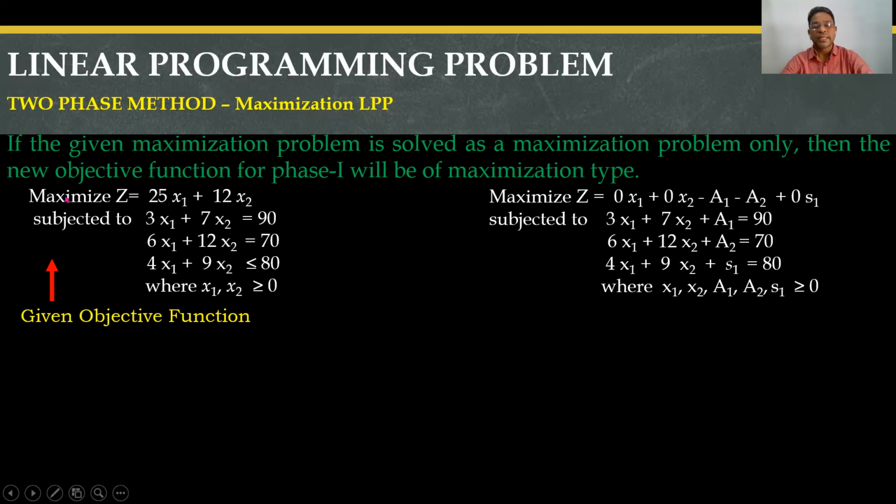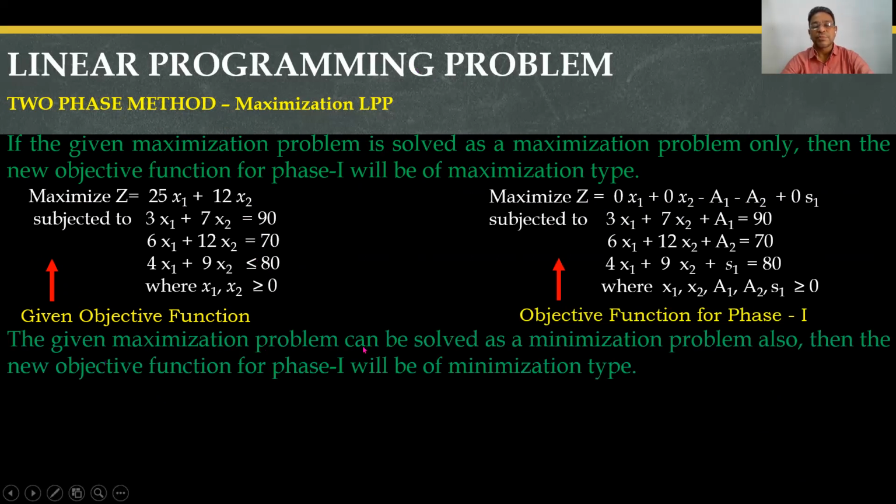When we solve this maximization problem as a maximization problem by the two-phase method, we will put all the decision variables as 0 and have only artificial variables in the objective function. So you can see x1 is 0, x2 is 0, s1 is also 0, so only artificial variables. This is a maximization type, so we'll write minus a1 minus a2, similar to what we did in the big M method.